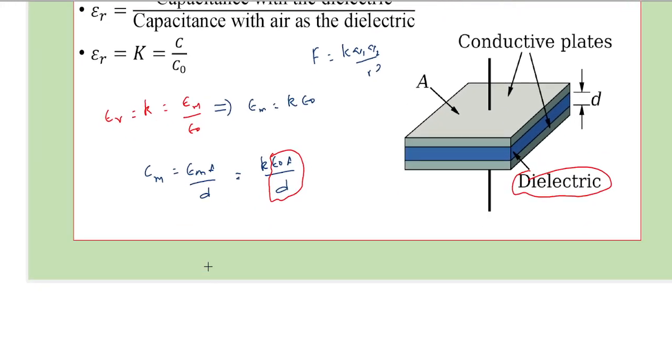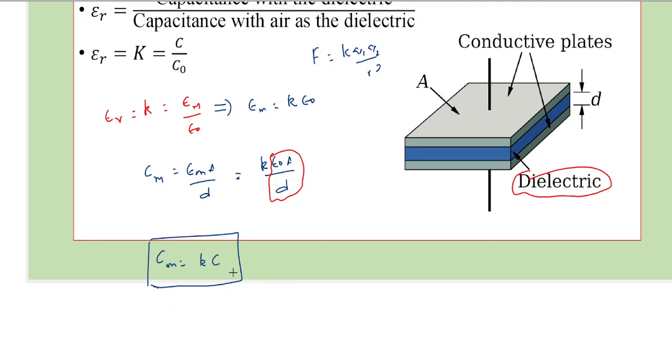Therefore, what we get is capacitance in any medium, which is C suffix M, is equal to K into capacitance in the free space. So this is the relationship between capacitance when dielectric is present between the two plates and capacitance of free air between two plates.